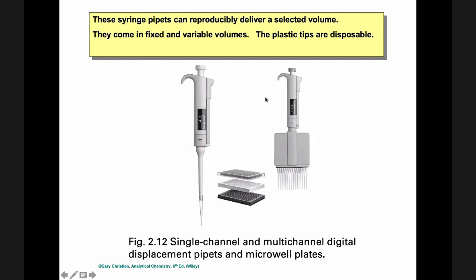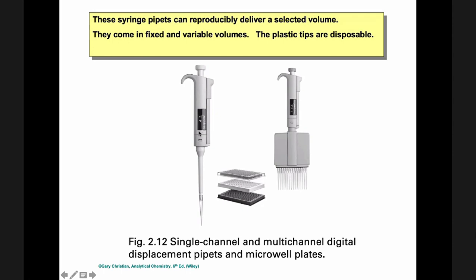This one is called automatic pipettes. It can deliver 1, 2, 3, up to 15. This one is a multi-channel digital displacement pipette, and this one is a single channel.